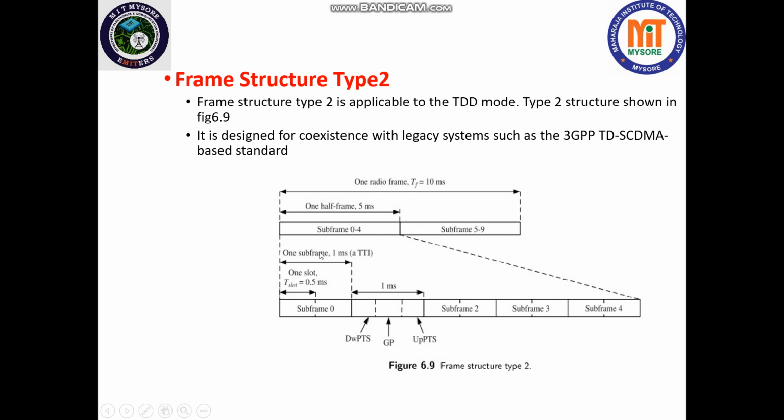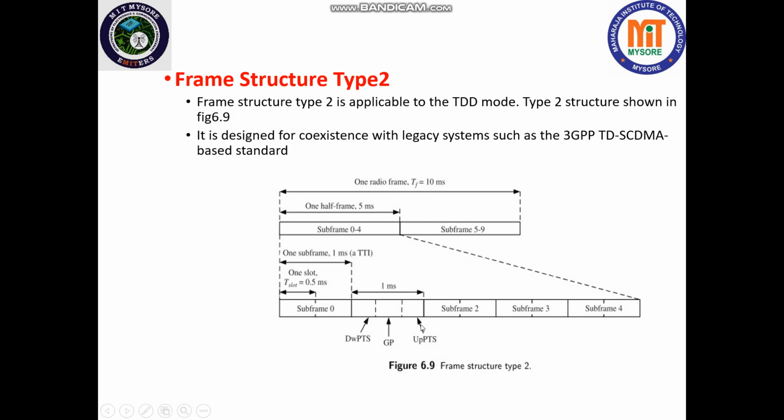Again, one subframe has a duration of 1 millisecond, which is considered the transmission time interval, and the slot time is 0.5 millisecond. There is a very important difference between type 1 and type 2, that is the special frames.